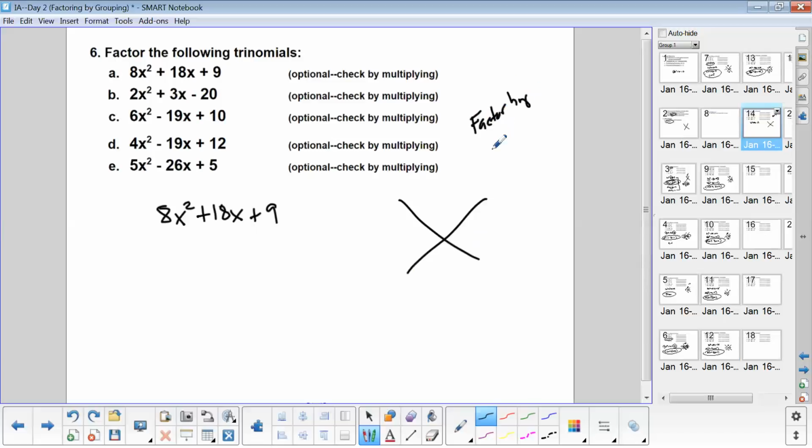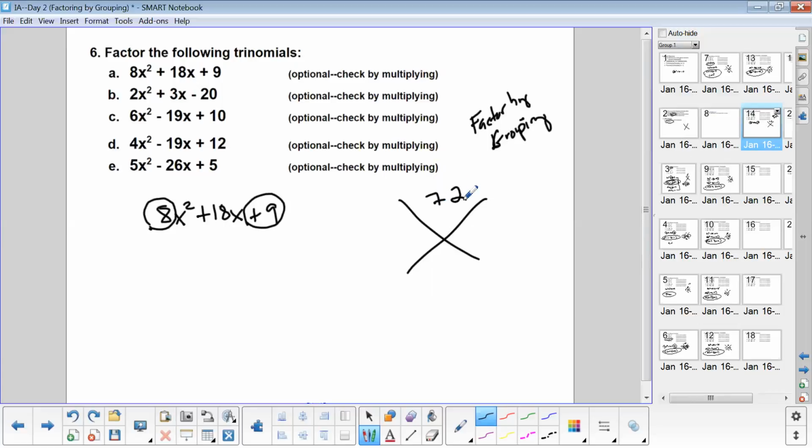Which we've looked at last video. Now, how do I find these factors? Well, I'm going to take A times C, as I have been, except for the last few examples, A has been 1. Well, now A is bigger than 1. So now I got 8 times 9, and I've got 72.